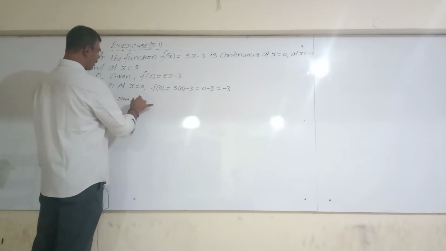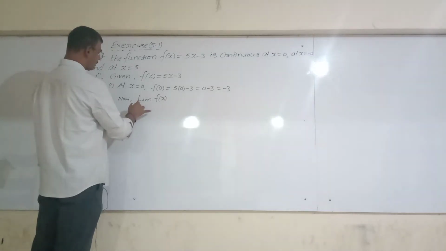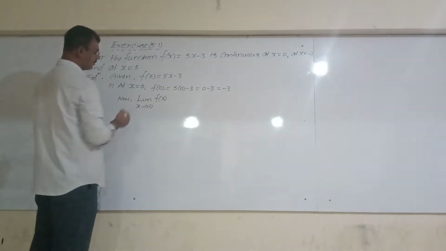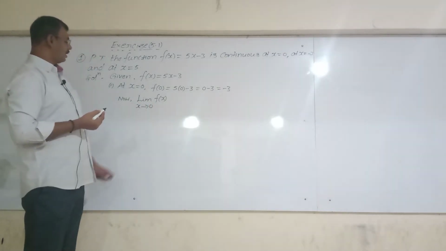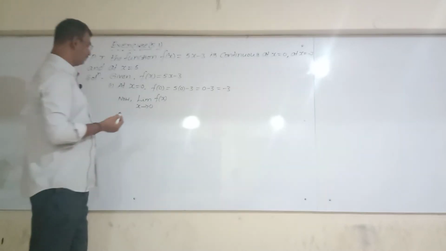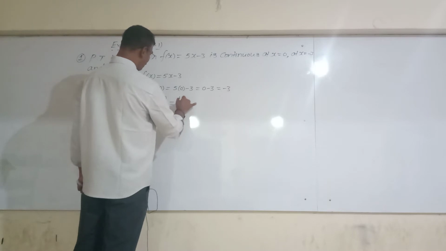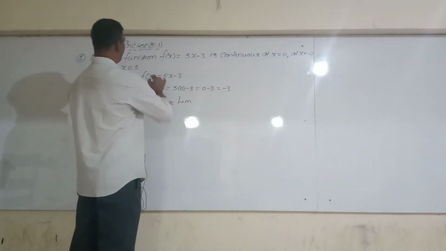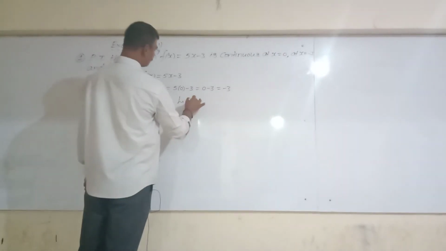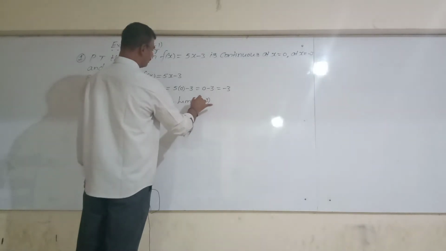Okay, and also now limit of f of x as x approaches 0. This is equal to limit of, what is f of x? 5x minus 3.